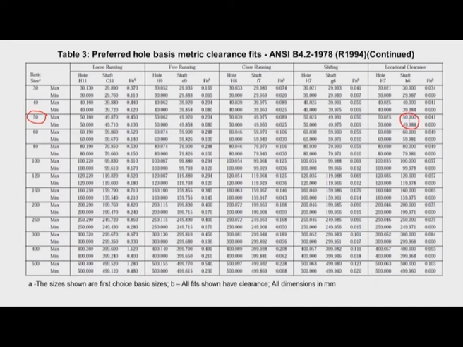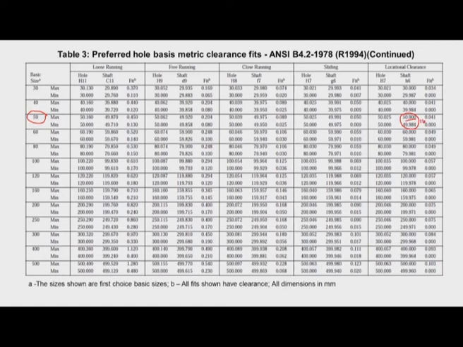Now since we are using basic shaft, the deviation is 0, that means the maximum size of the shaft is equal to the basic size, that is 50 millimeter, and you can see here the minimum size of the shaft is 49.984. So the difference between these two is 16 microns.